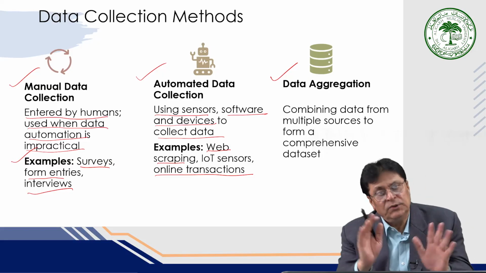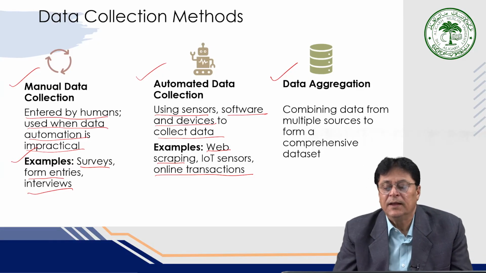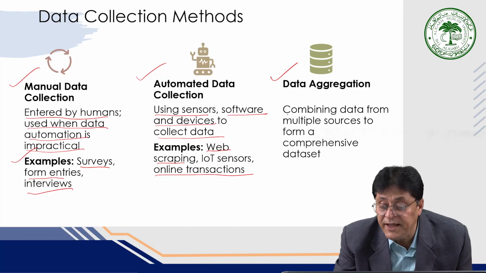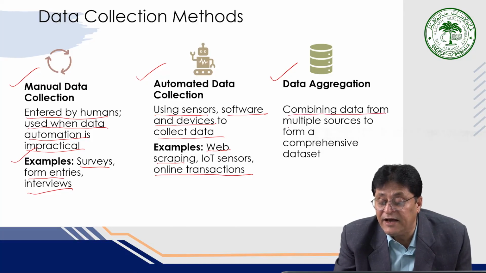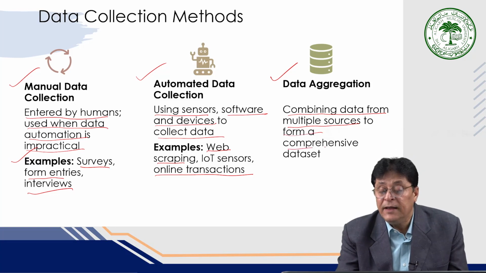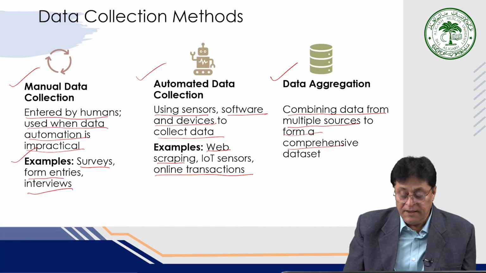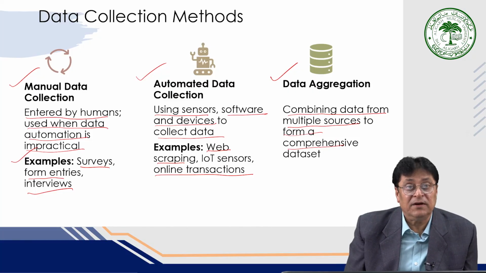Although there are issues of privacy, I'm not coming into that discussion. Next is data aggregation, meaning combining data from multiple sources to form a comprehensive data set, which is also very common, the order of the day, and very much in use.